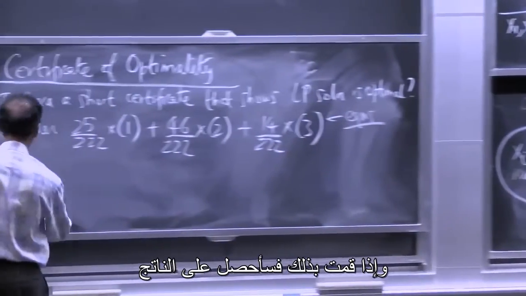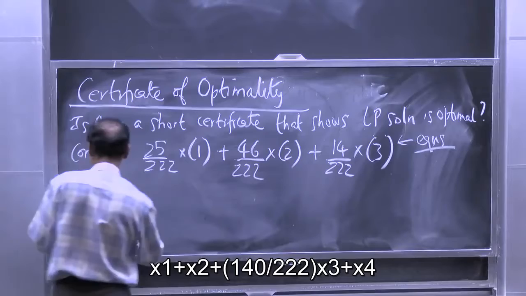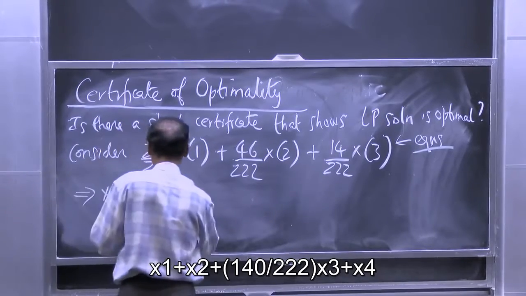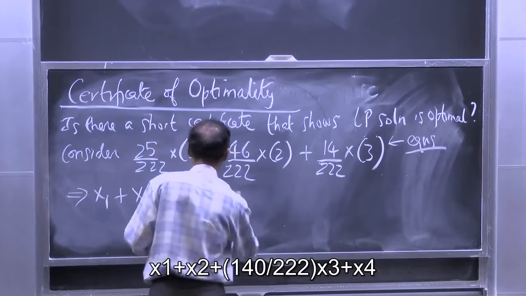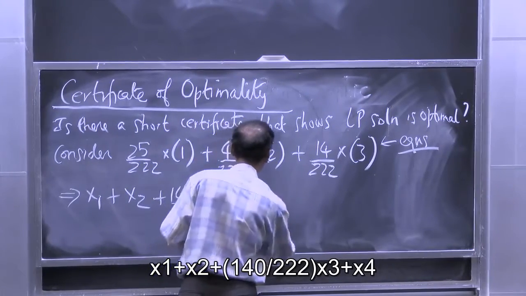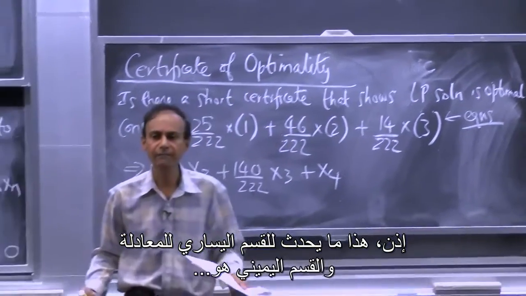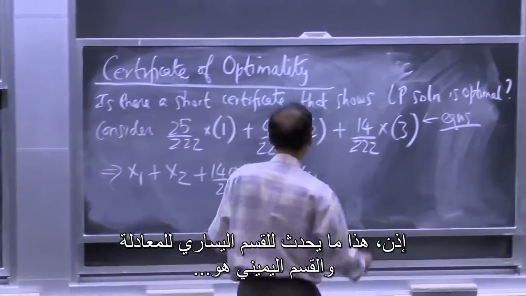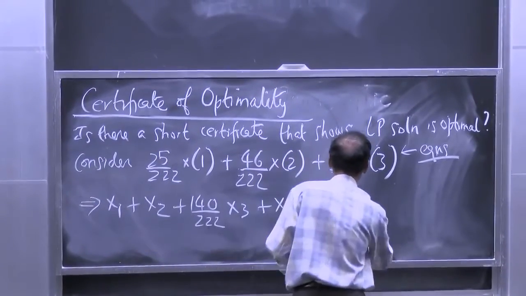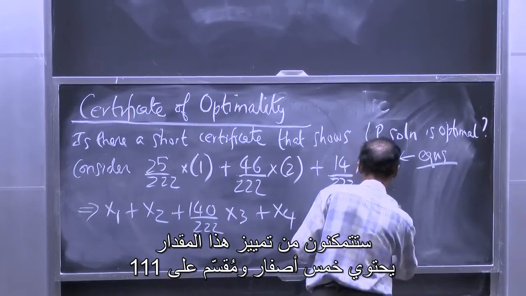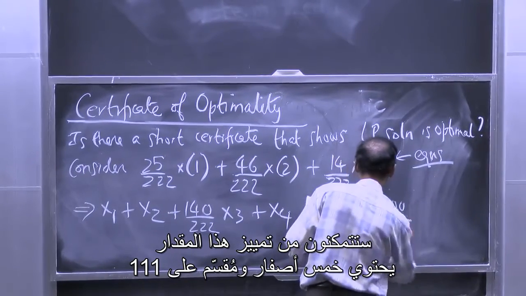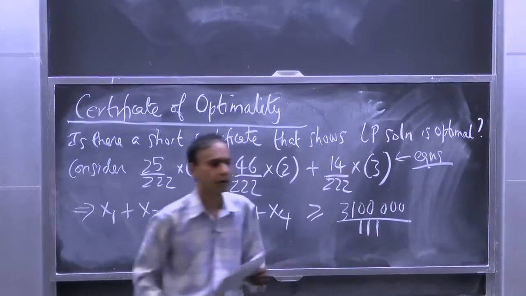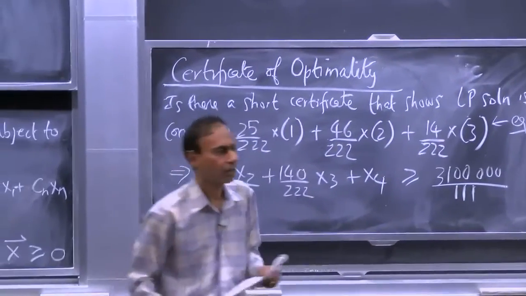If I do that, I get x1 plus x2 plus 140 divided by 222 times x3 plus x4. That's what happens to the left-hand side. And the right-hand side is, you'll recognize this quantity, 5 zeros, divided by 111. That's what you get.